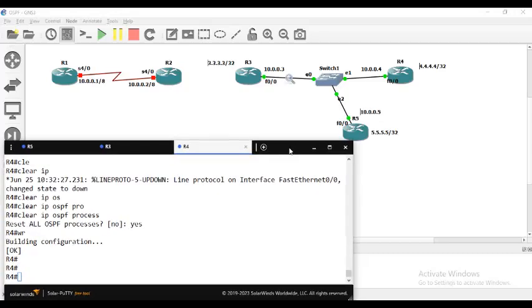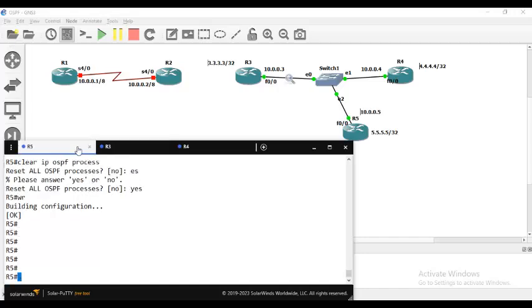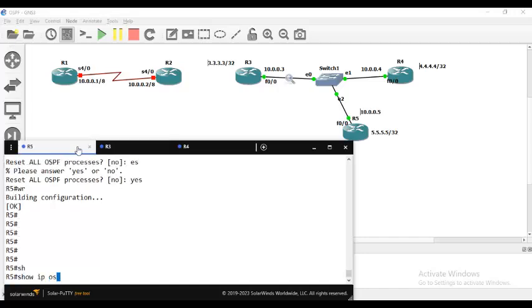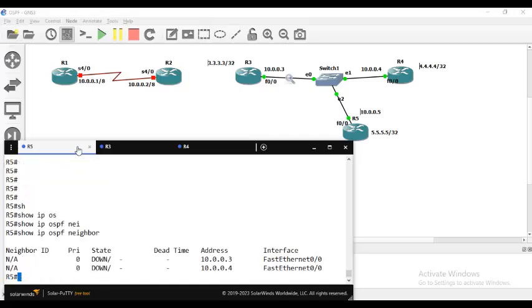Clear IP OSPF neighbor. Do I have a table? Events, counters, process. OSPF process 1.